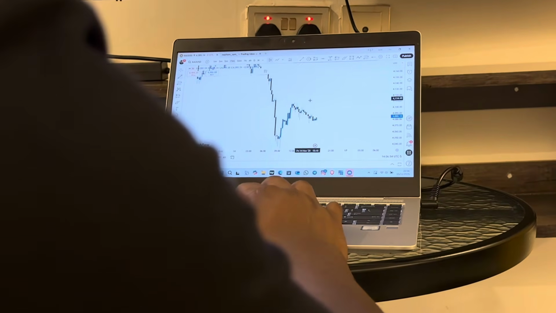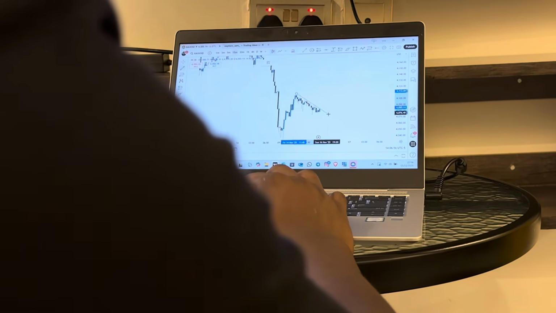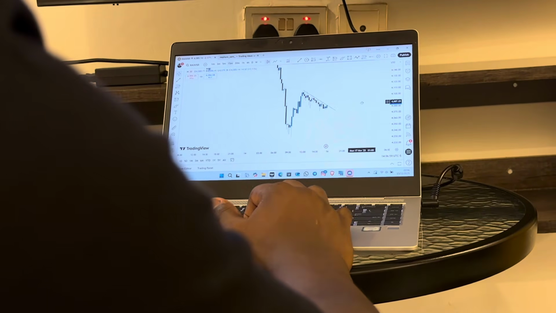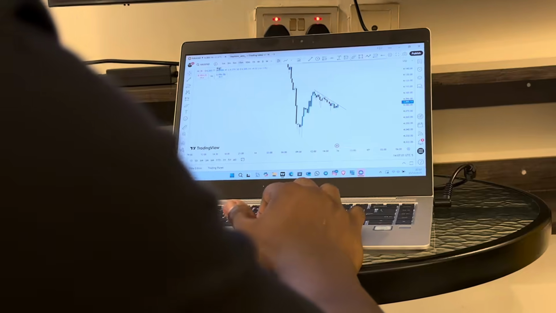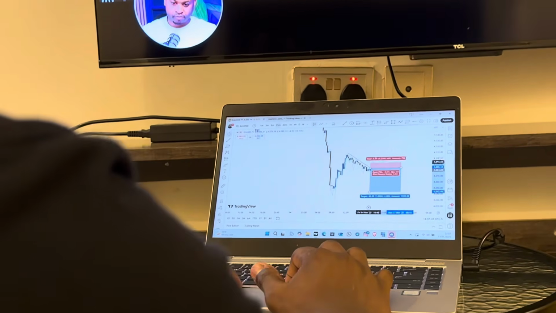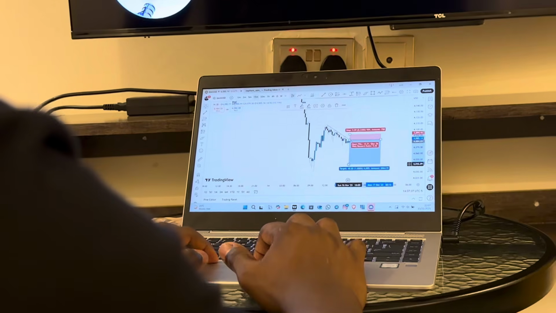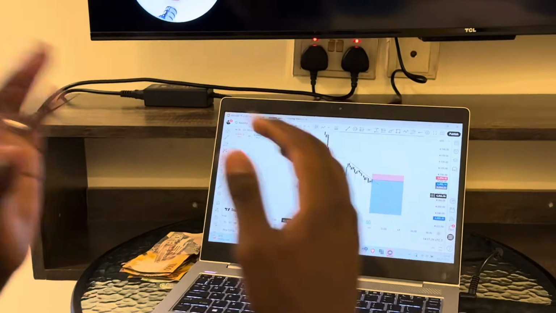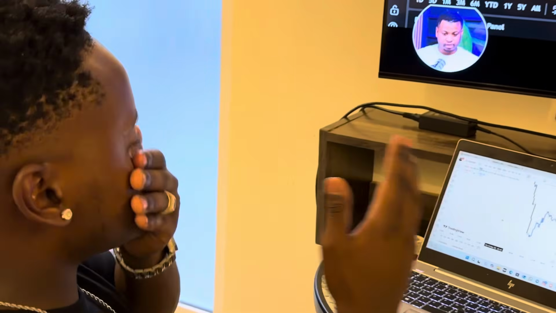You can come here, just draw your trend line like this. So in this chart, you can take your sell, stop loss at the recent high, then take profit at your recent low. This is the simplest way on how you can draw your trend line.